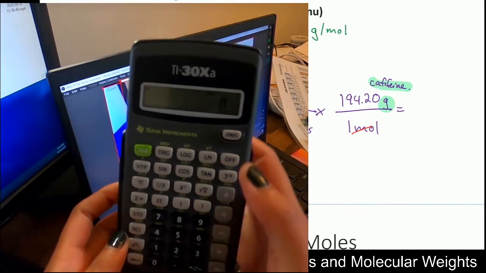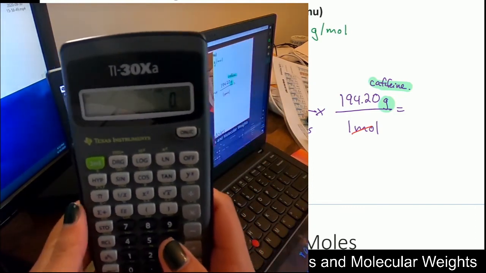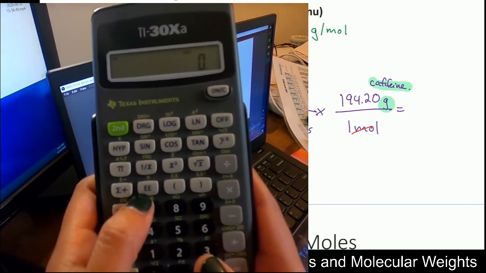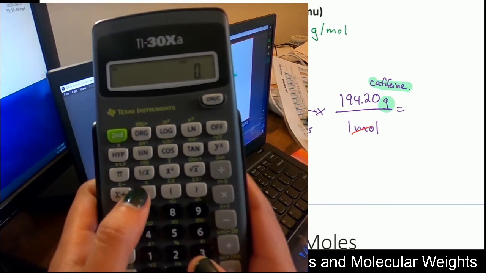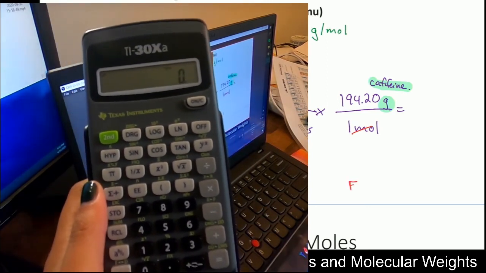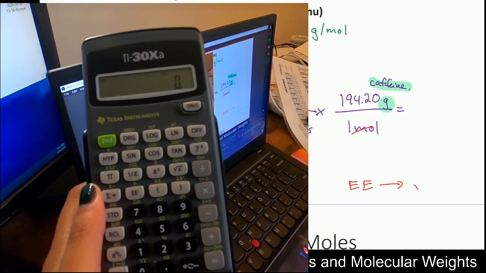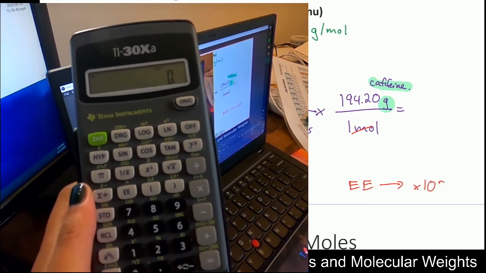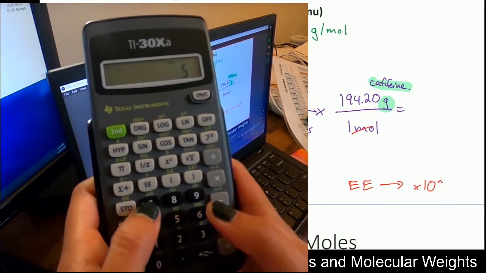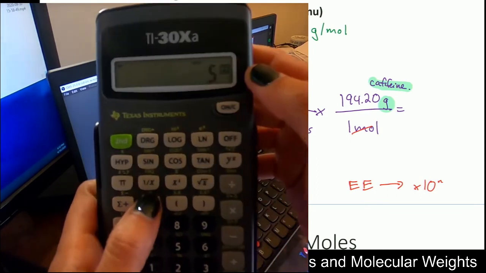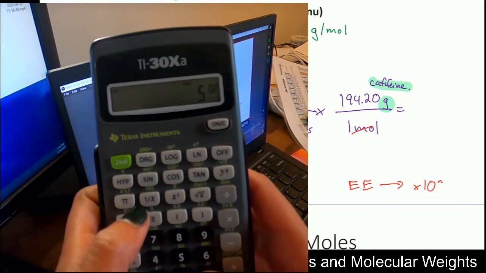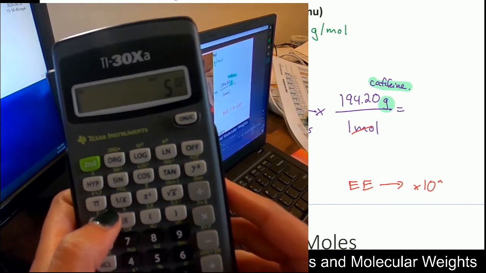How I input exponents on a calculator is I use this EE button. EE essentially means times 10 to the number. So if I write 5 EE 2, 5 times 10 to the 2 would be 500.